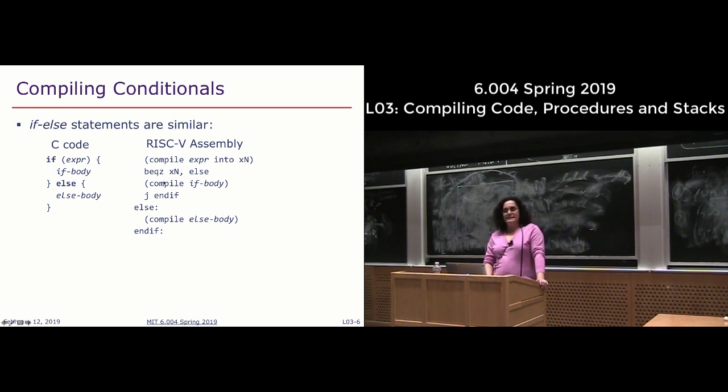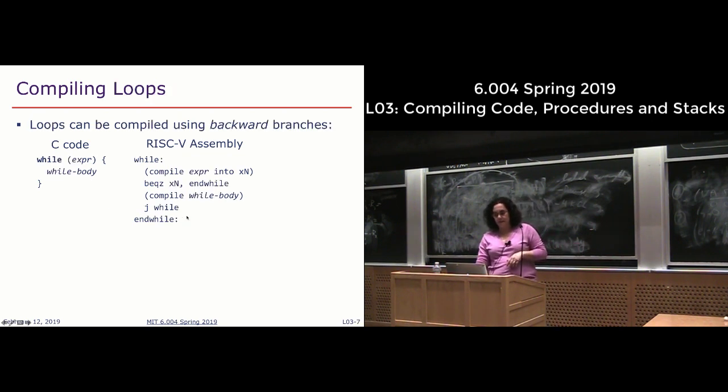If I do want to execute the if, then I have the compiled portion of that if statement, and now there's one extra instruction that I need to add here, which is jump end if. What is that jump end if doing? Yep. It's skipping the else, right? So once I do the if statement, I don't want to do the else, so I have to skip it beyond it. And then if I had jumped to the else in the first place, then I will execute the code associated with the else.